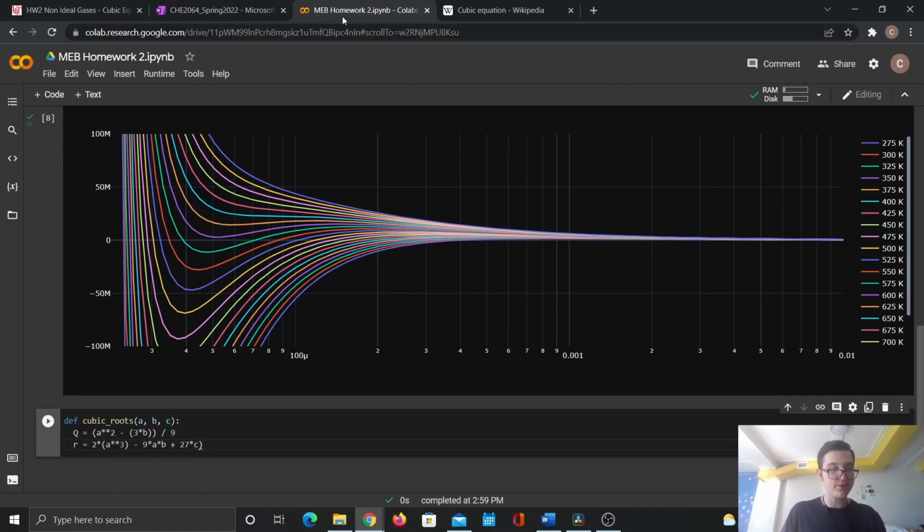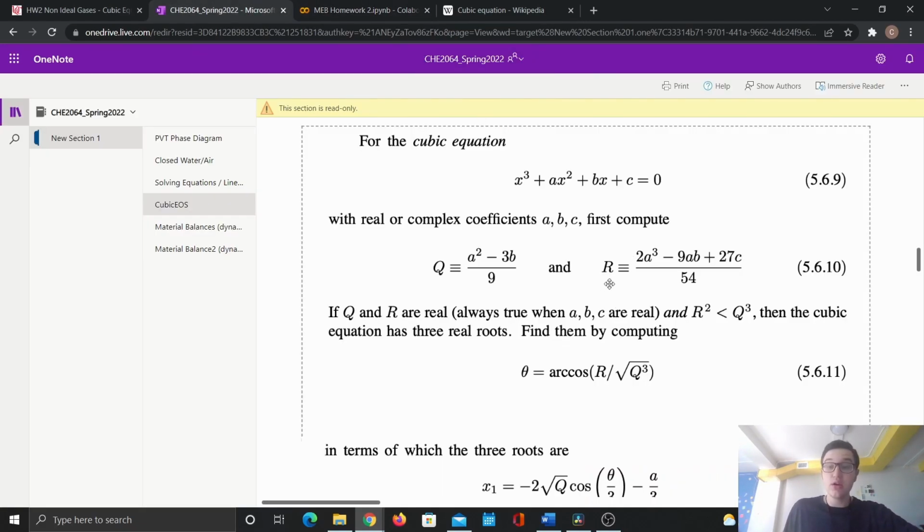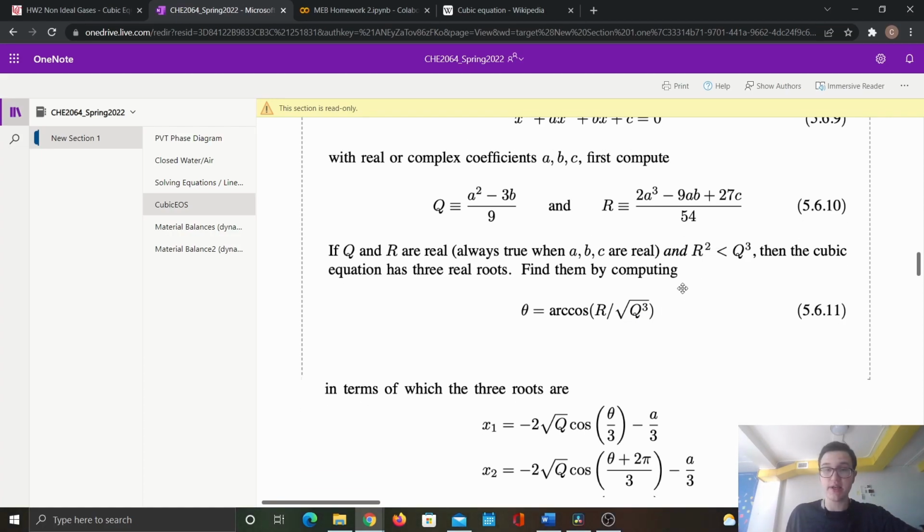So enclose all this in parentheses, divided by 54.